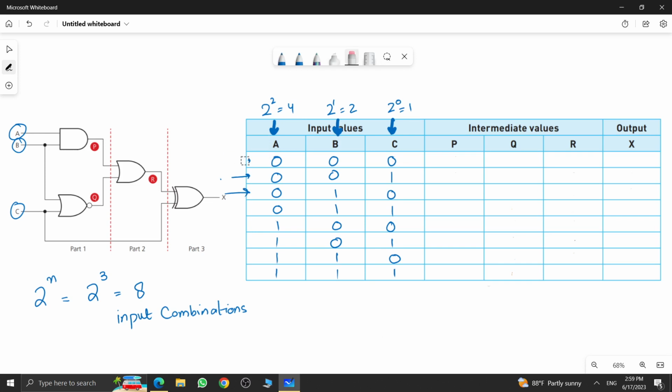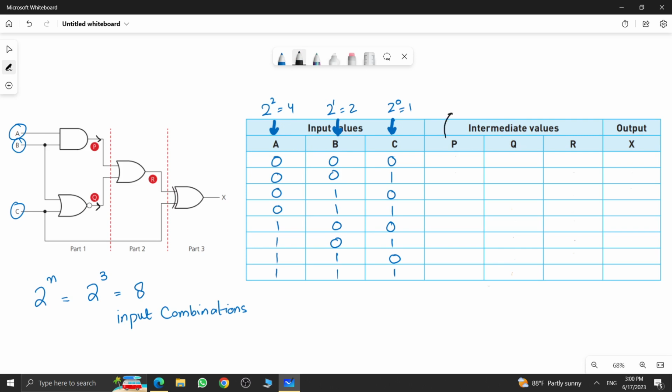Okay, now if you understand this, quickly moving towards P and Q. I have already mentioned that P and Q are basically the outputs of the AND gate and the NOR gate. So if I write over here that P is A and B, it will not be wrong.